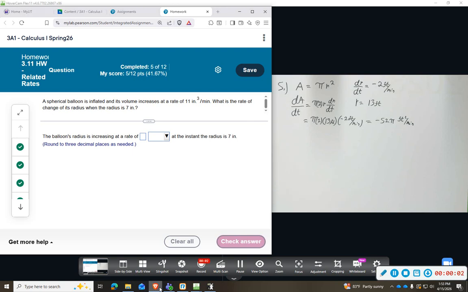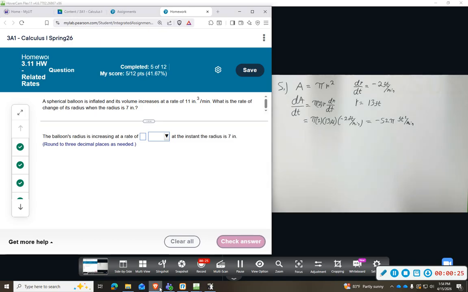All right, number 6: a spherical balloon is inflated and its volume increases at a rate of 11 inches cubed. What is the rate of change of its radius when the radius is 7? A spherical balloon.